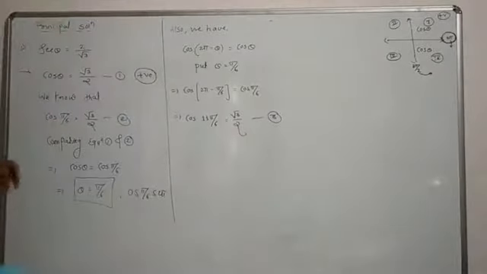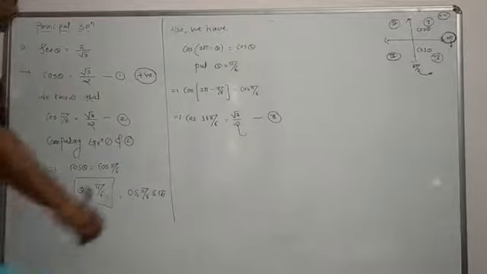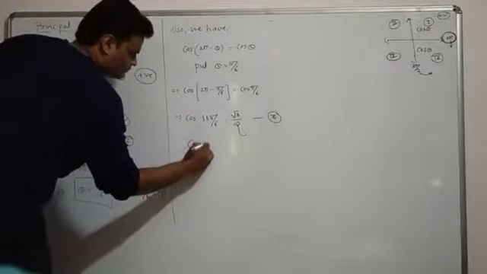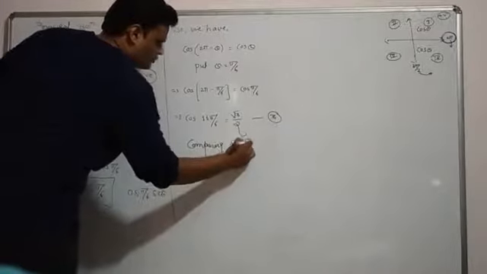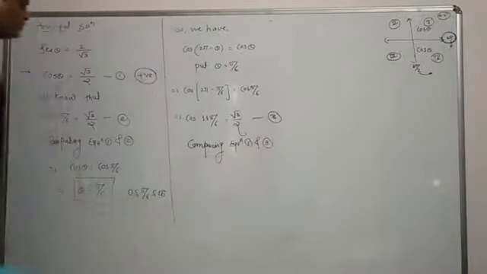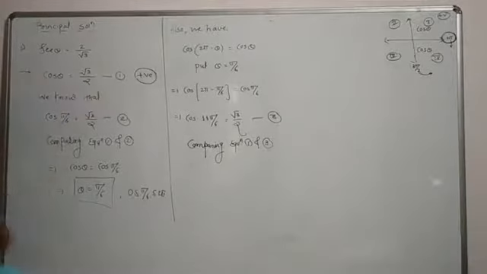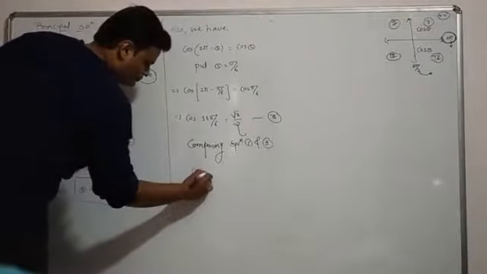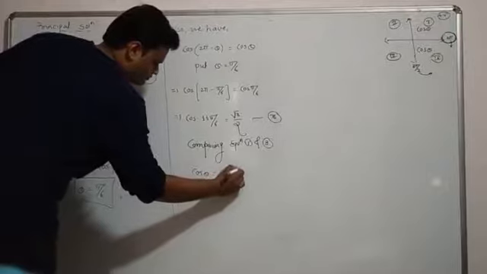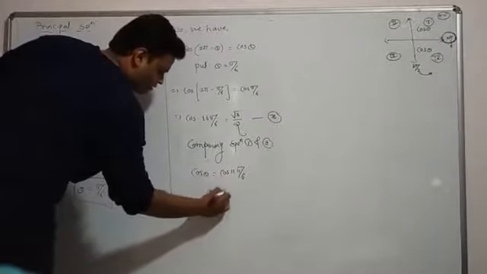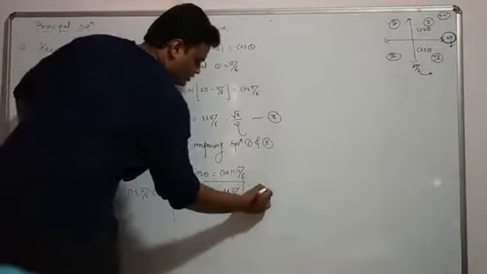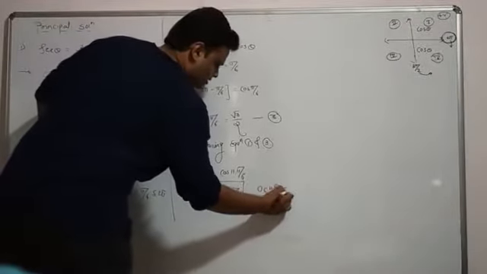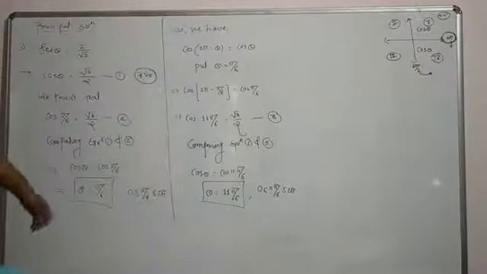Now if you compare equation 1 and equation 3, what you get? Cos theta is equal to cos 11 pi by 6. So theta is 11 pi by 6, where 0 is less than or equal to 11 pi by 6 is less than or equal to 2 pi.